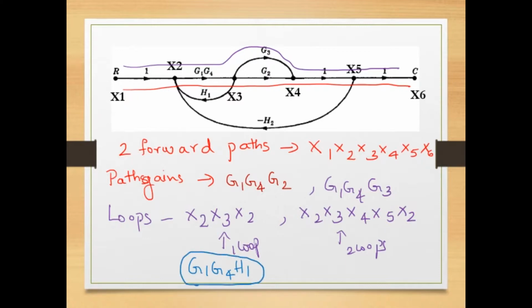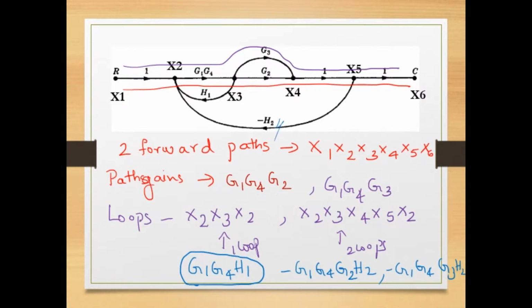Next, we have two loops associated with this path. So it is G1, G4, G2 into minus H2, and the next one is G1, G4, G3, H2, also with a minus sign. So we have three loops.